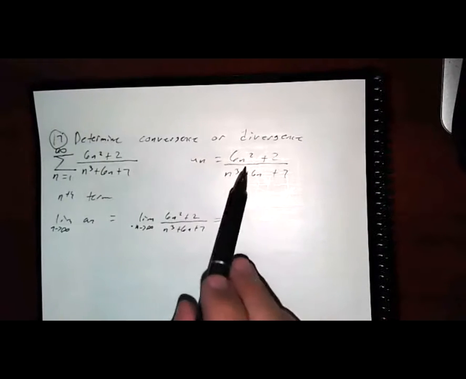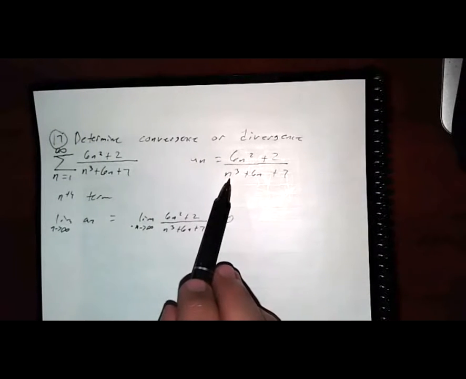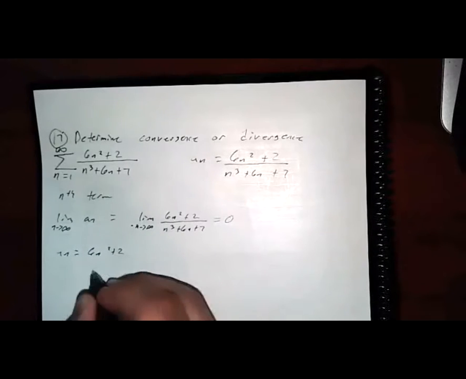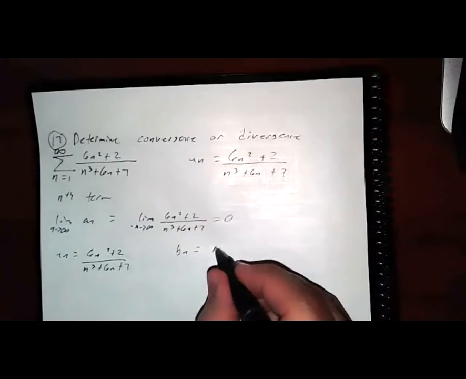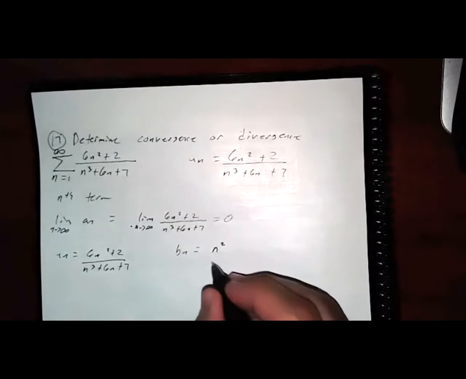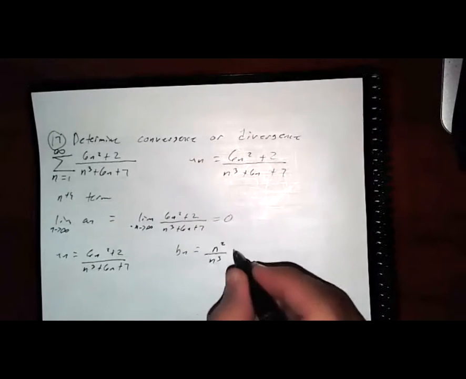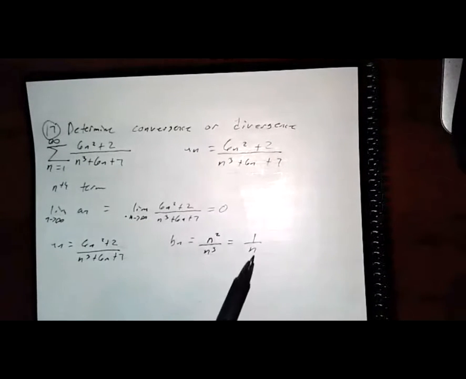So I see n squared, n cubed. So a sub n is this. b sub n will be, I'm going to choose the highest degree in the top over the highest degree in the bottom, which would reduce to 1 over n. So I'm going to compare this one to this one, right?